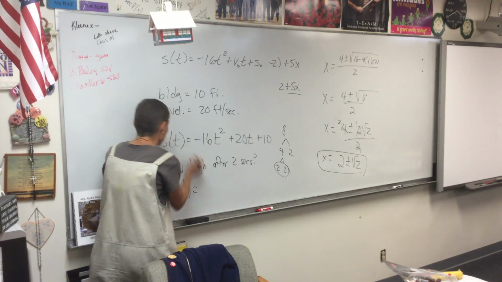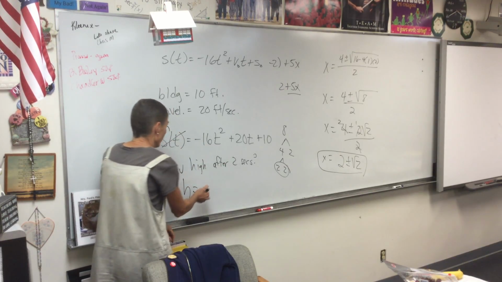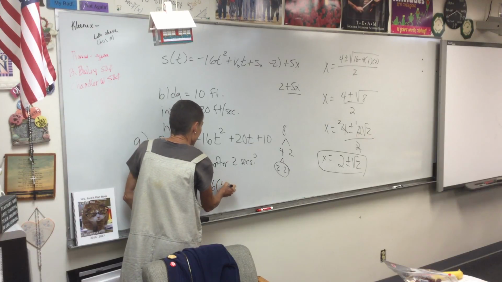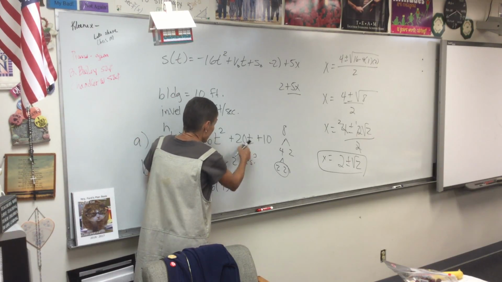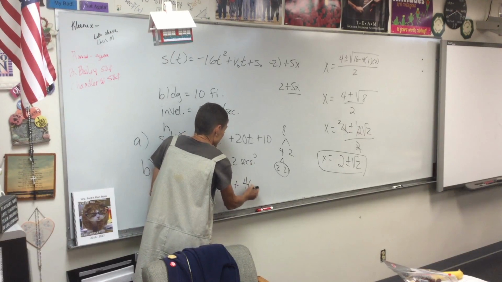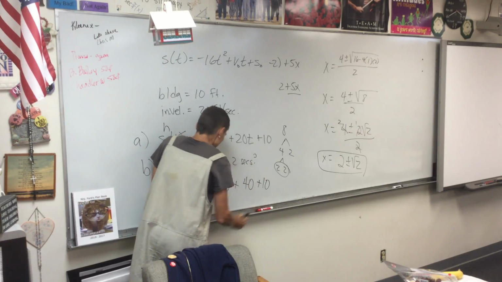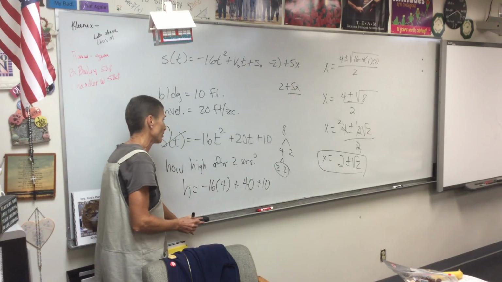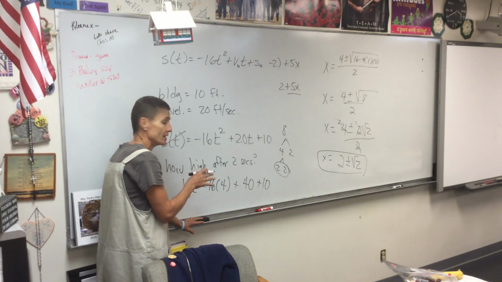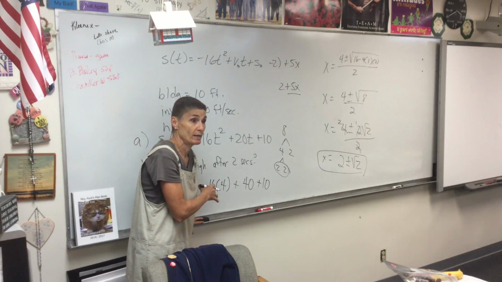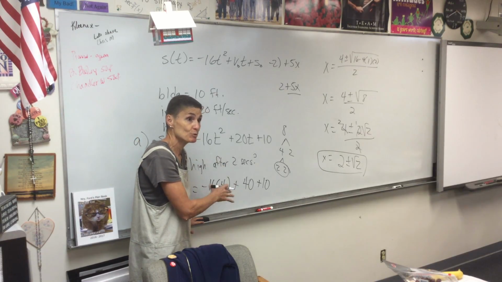So the height, remember this is the height, will be negative 16 times 4, 2 squared, plus 20 times 2 is 40, plus 10, oh crap, I didn't plan very well. Remember, I made this problem up like on the spur of the moment. I'm going to get a negative answer, but that's how you do it. Okay, that's how you do it.